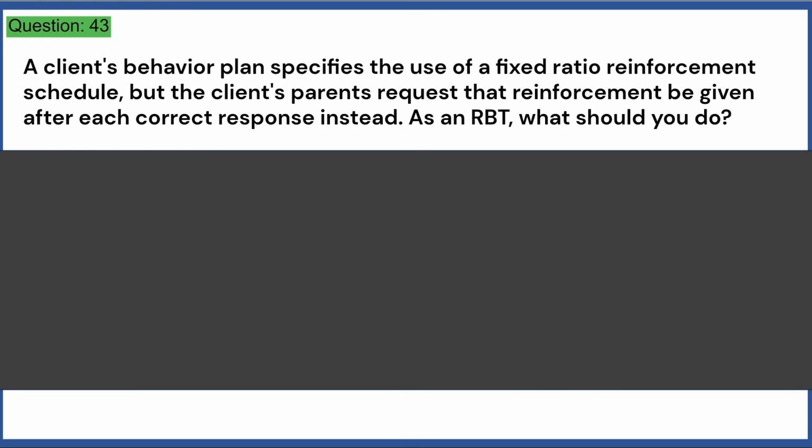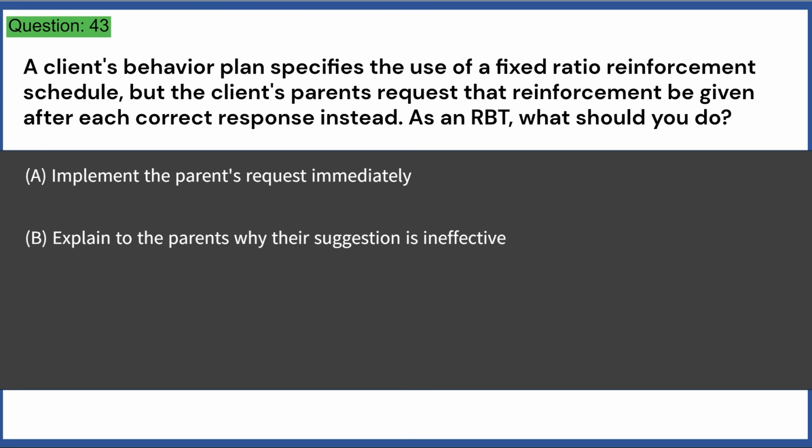A client's behavior plan specifies the use of a fixed ratio reinforcement schedule, but the client's parents request that reinforcement be given after each correct response instead. As an RBT, what should you do? A. Implement the parent's request immediately. B. Explain to the parents why their suggestion is ineffective.